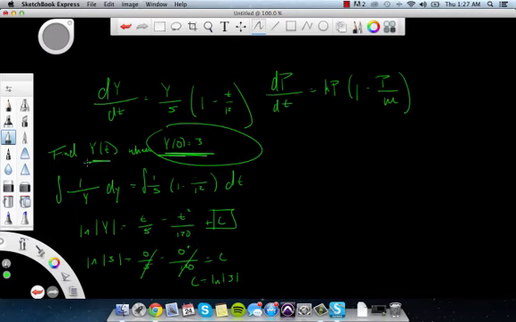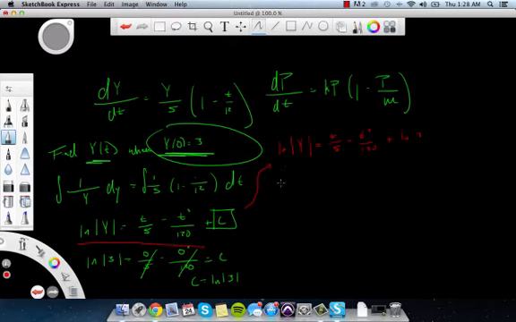So now to solve for y of t, here we have our equation. We'll have to exponentiate to solve. So really we have the natural log of y is equal to t over 5 minus t squared over 120 plus our constant, which is the natural log of 3.